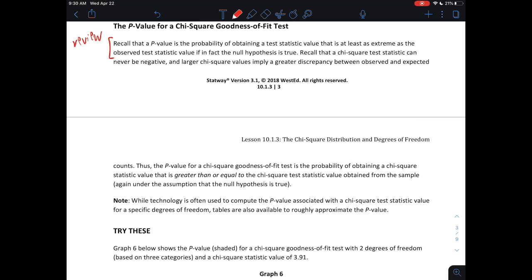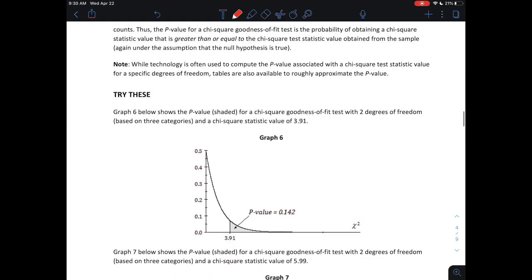Note, while technology is often used to compute the p-value associated with the chi-square test statistic value for specific degrees of freedom, tables are also available to roughly approximate the p-value. We're going to be using our calculator to find the p-value. So first, try these.